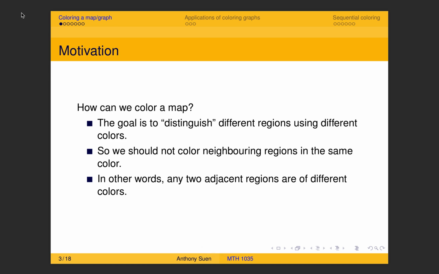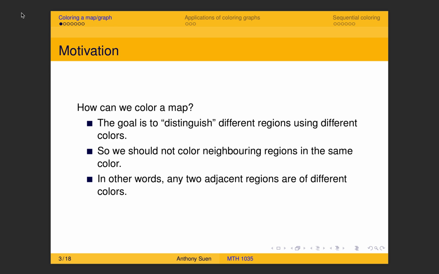So now let me just give you the motivation. How can we color a map? The goal of coloring a map is, of course, to distinguish different regions inside a map, because if there's no color, sometimes it's quite difficult to distinguish different regions.